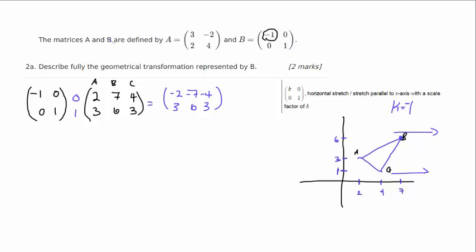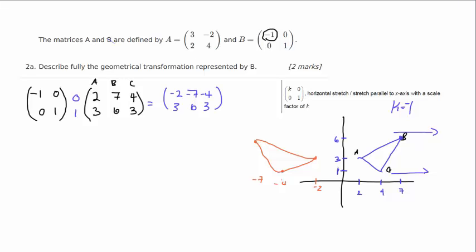But what we've actually done is we have reflected these points. So this 2, 3 moves over to become -2, 3, and 4, 1 reflects over to be -4, and my 7, 6 reflects over to be -7, 6. And so basically what we get is the triangle reflected along the y-axis.